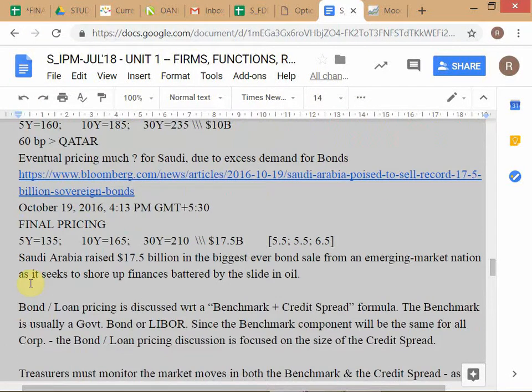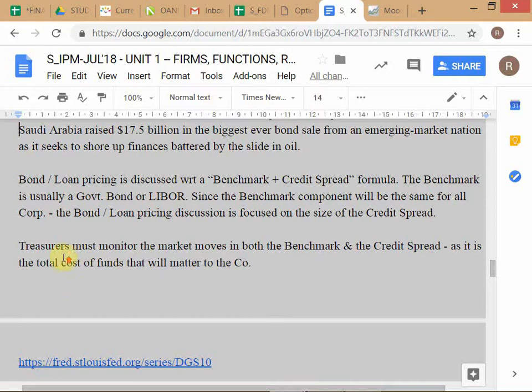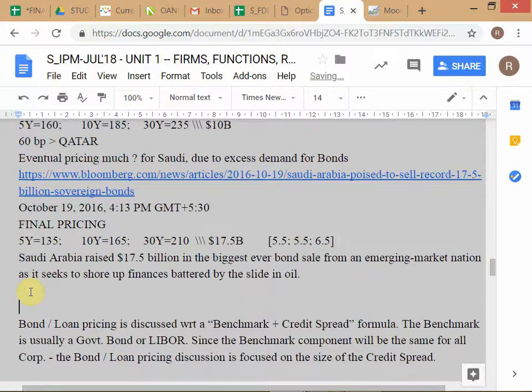So eventually, when you see the final newswire, if you're monitoring newswire, if you're working in corporate treasury, you will see, let's say, one of those issues priced at 210 over.